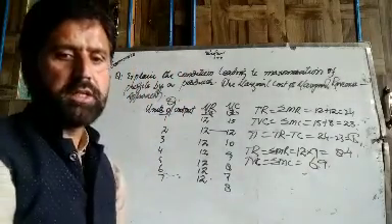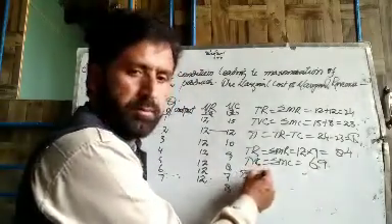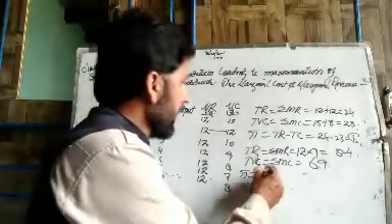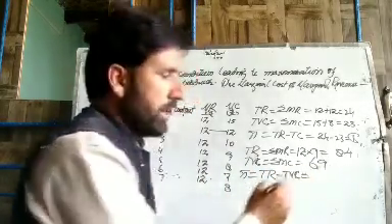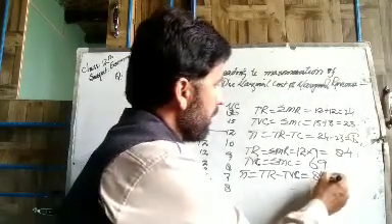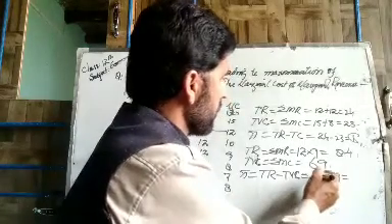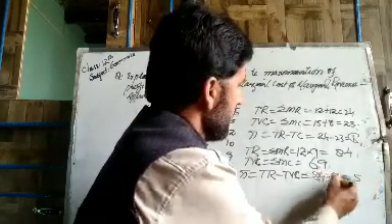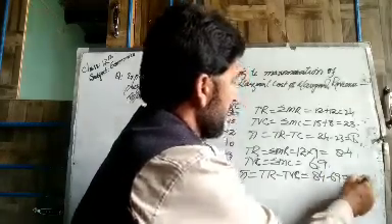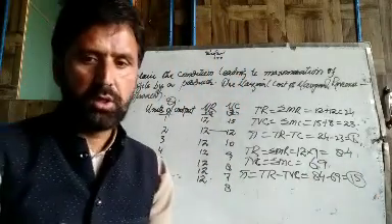So dear students, profit is equal to total revenue minus total variable cost, 84 minus 69, that is equal to 15.